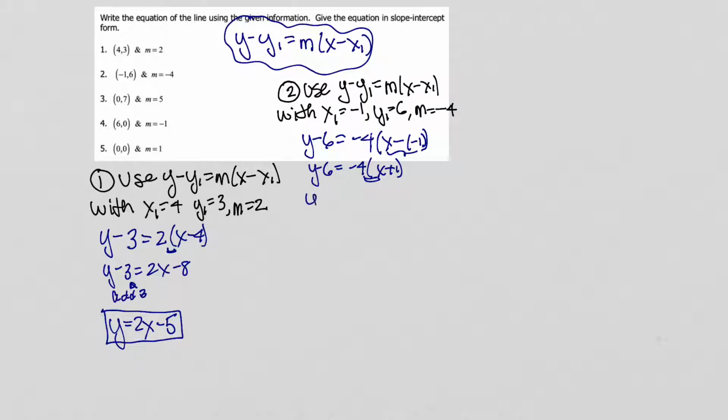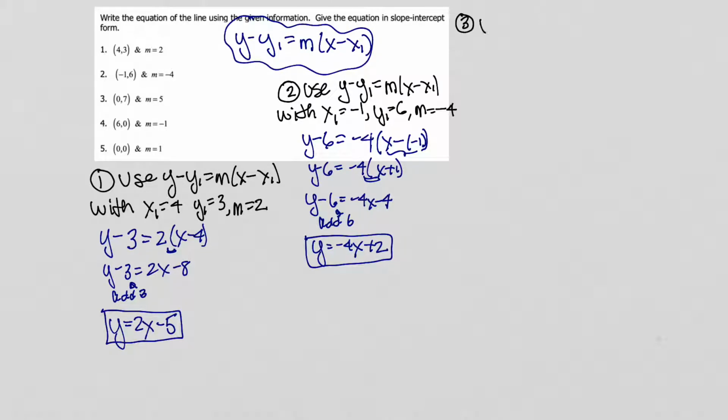Take it through. We get y minus 6 equals negative 4x minus 4. And then, of course, we'll add 6. So we'll get y equals negative 4x, and then negative 4 plus 6 puts us at plus 2. There's number 2.